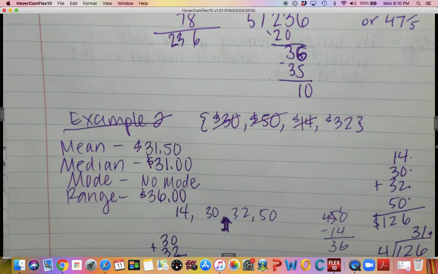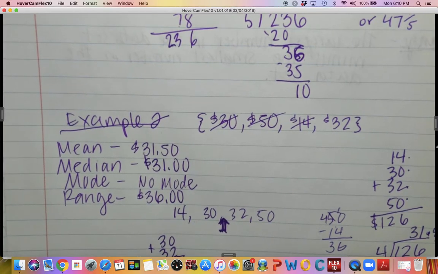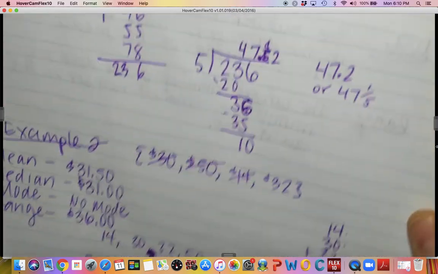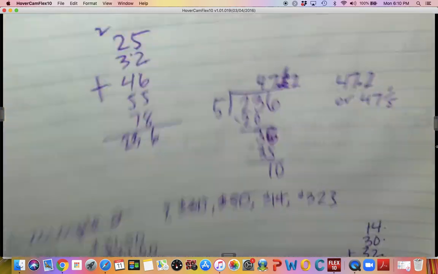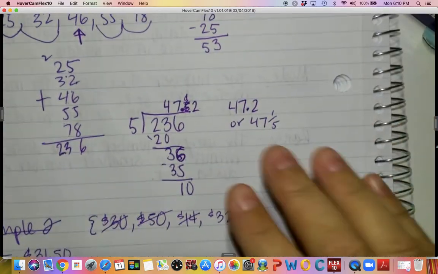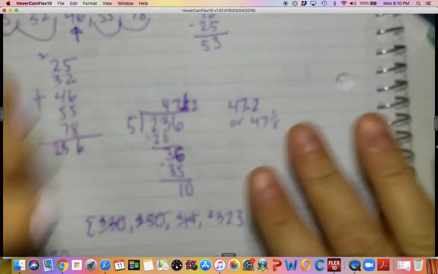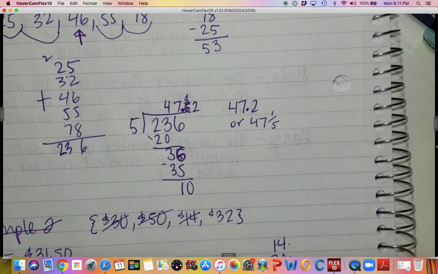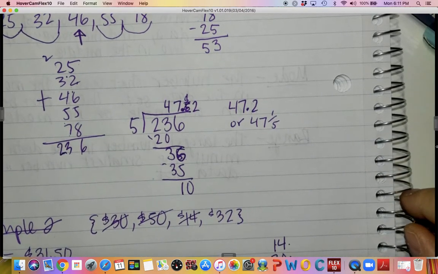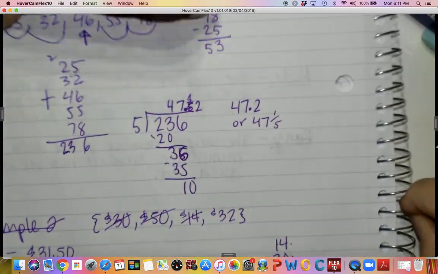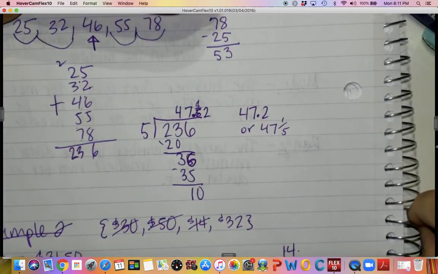Now that I've showed you how to calculate those, you are going to do the worksheet. I would show you what it looks like, except I don't have it printed. It's on Google Docs. For number 1, it says which set of data has a mean or median of 84, and then it gives you a list, A, B, C, or D. There is actually more than one answer.